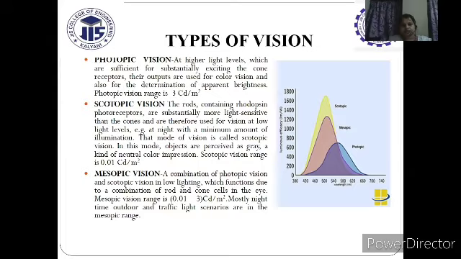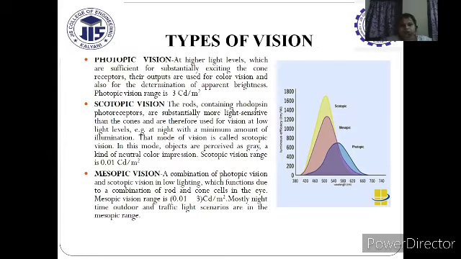Photopic vision range is 3 candela per meter square. Basically, in photopic vision, cone cells are responsible, by which we can see any color object, or we can visualize any color object.